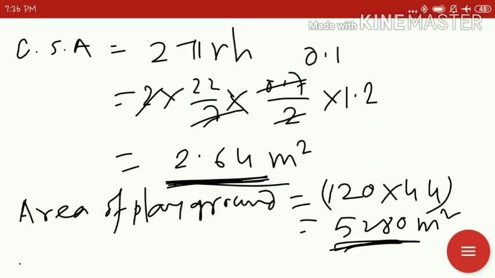Similar things we will do here. This 5280 much area needs to be covered by rotation, where one rotation covers 2.64 meter square. That means we need to just divide 5280 by 2.64.